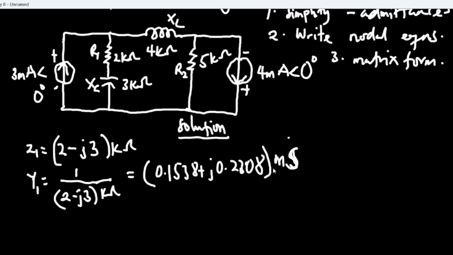Okay, so admittance is measured in Siemens, 1 over the ohm is Siemens or per ohm.